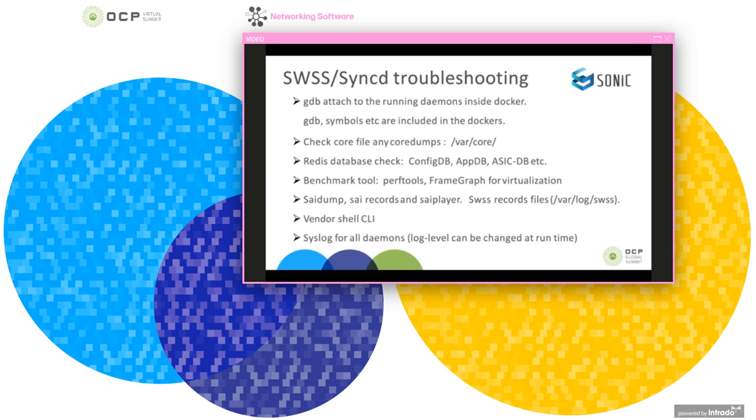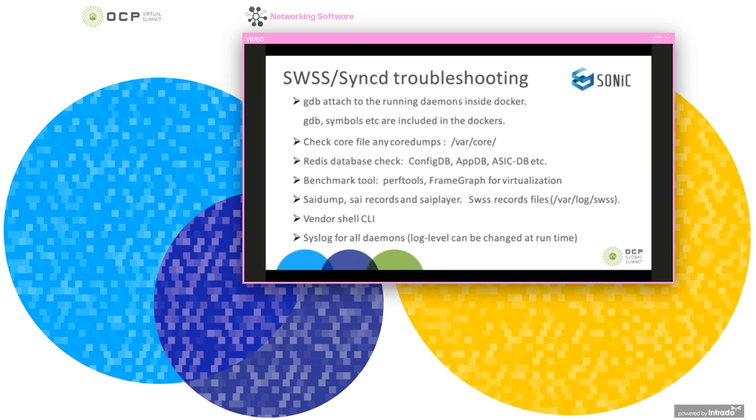And of course, if you have a crash, you can check the core files. They give you an idea of where it crashed and what the core stack looks like. We use Redis CLIs to check different tables, and we can use benchmark tools to understand the CPU utilization by different daemons and functions.